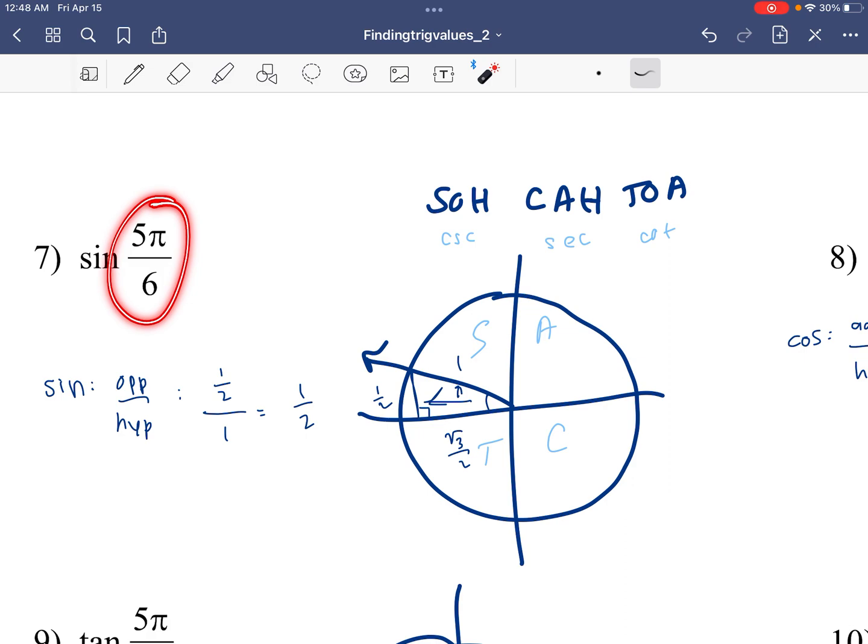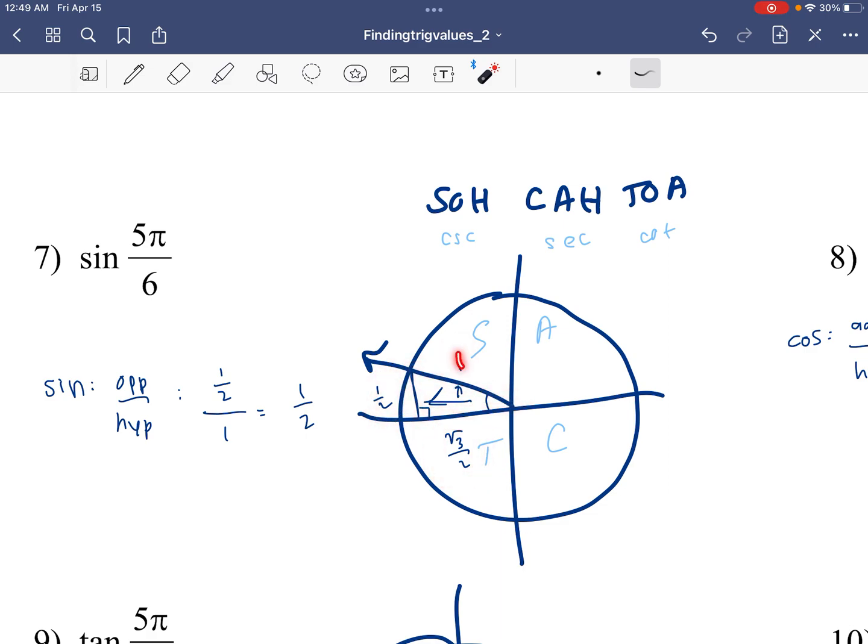You could remember where that is on the unit circle, or you know that this is 1 pi over 6 away from pi, and 180 is pi. So basically it's here, and what that means is our reference triangle forms a 30, 60, 90 triangle, and these are the side values for a 30, 60, 90.